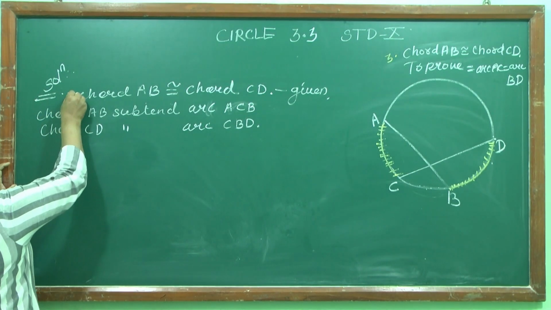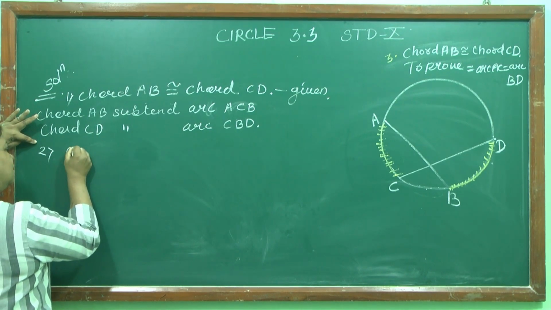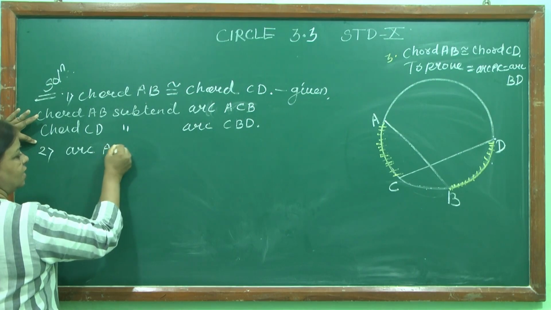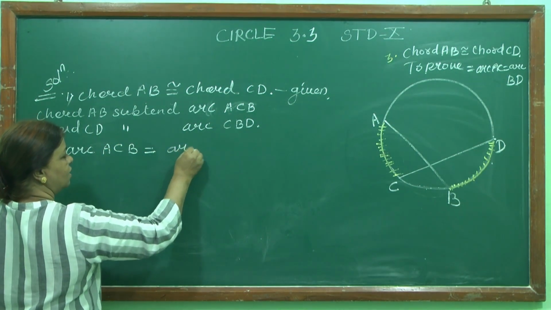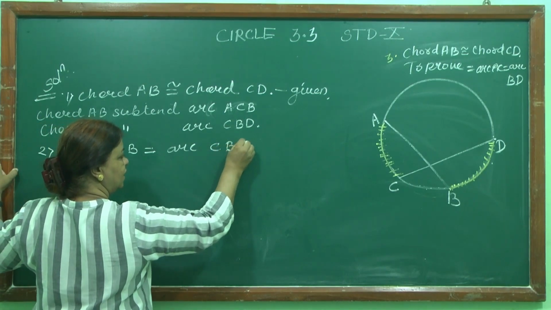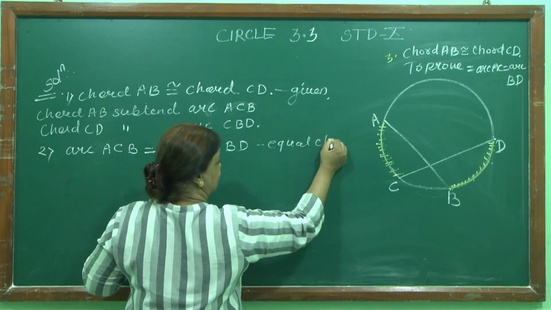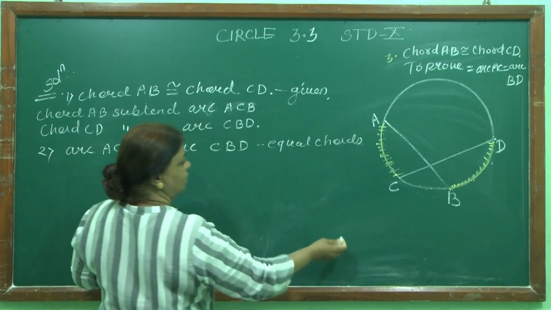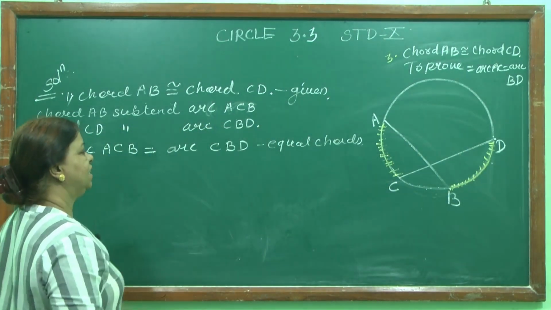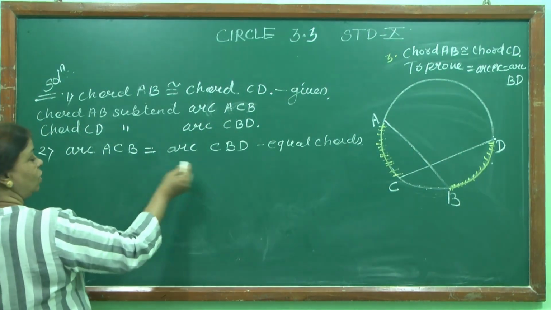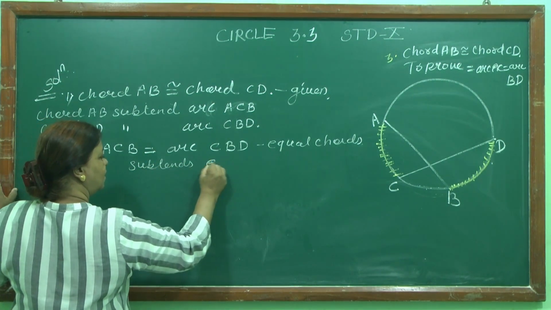So I can say this is the first point. Second point, arc ACB is equal to arc CBD. Reason: equal chords subtend equal arcs. These are equal chords, no? So they will subtend equal arcs.